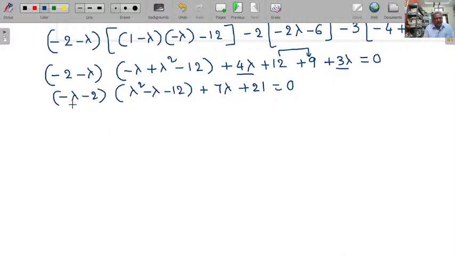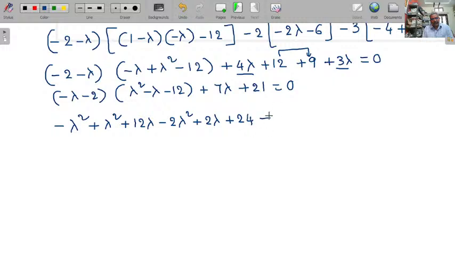So now negative lambda into lambda square, that will be negative lambda cube; negative lambda into negative lambda plus lambda square; negative lambda into negative 12, that is plus 12 lambda; negative 2 into lambda square, minus 2 lambda square; minus 2 into minus lambda plus 2 lambda; minus 2 into minus 12 plus 24, plus 7 lambda plus 21 equals to 0.